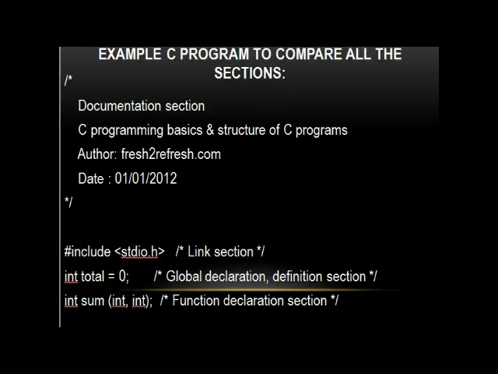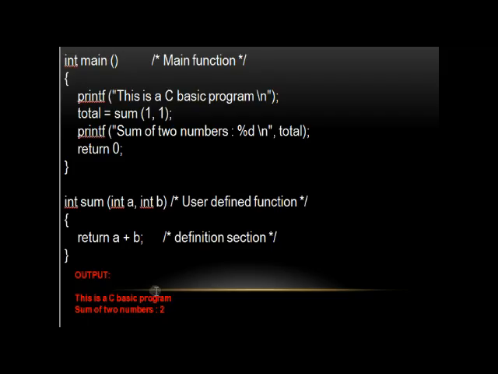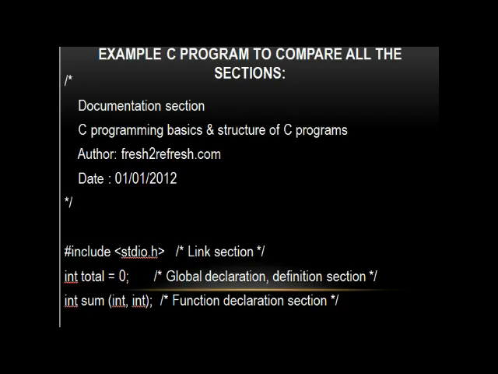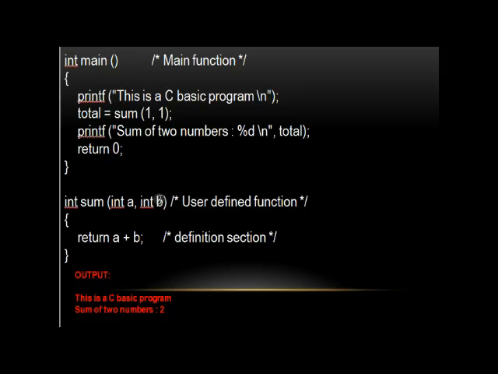Now here's an example to compare all the sections. First, the document section, you can see here in this program. It is a huge program, so it is taken into 2 pages. It starts from here, and on the second page it ends here. So I'll tell you this. This is the documentation section. This is the link section.